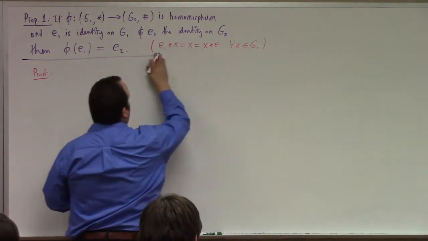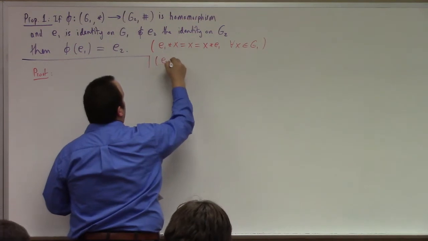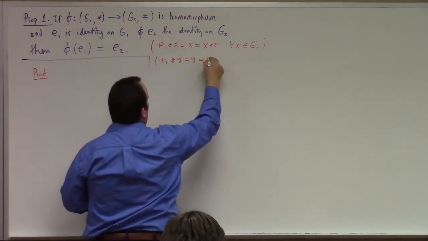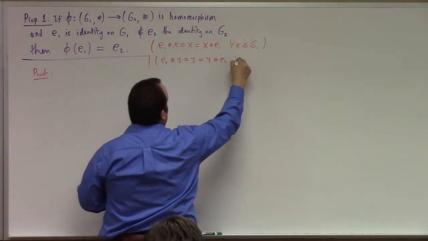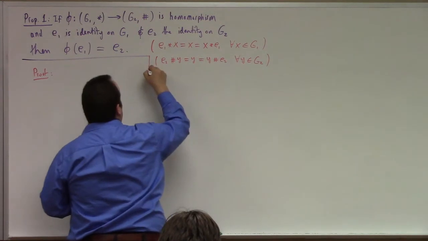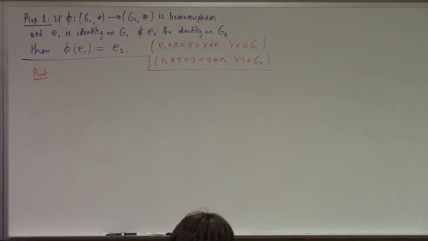And what else do we know? E2 sharp y is y sharp E2 for all y in G2. These two things were given. That's what it means to have the identity in G1 or the identity in G2.